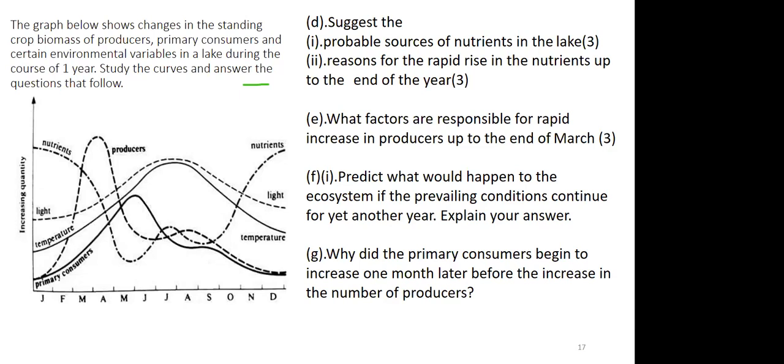Predict what would happen to the ecosystem if the prevailing conditions continue for yet another year. Then we can explain our answer. And lastly, why the primary consumers begin to increase 1 month later before the increase in the number of producers. Should be later after.